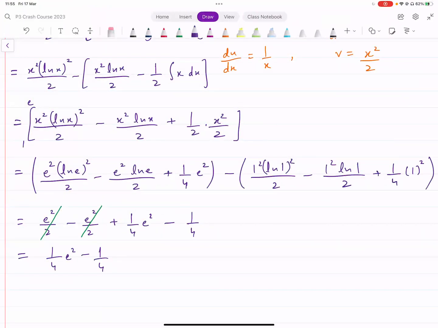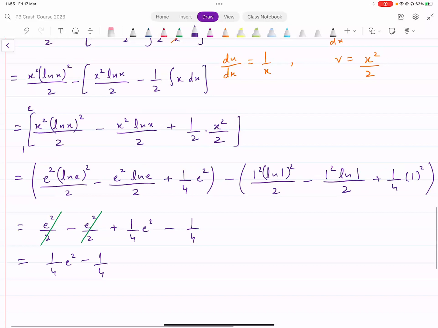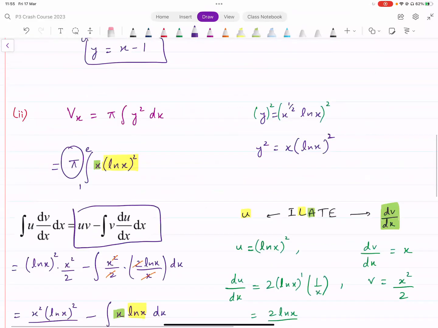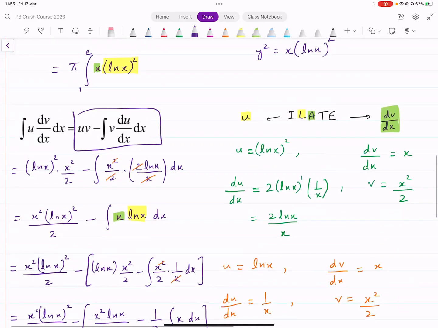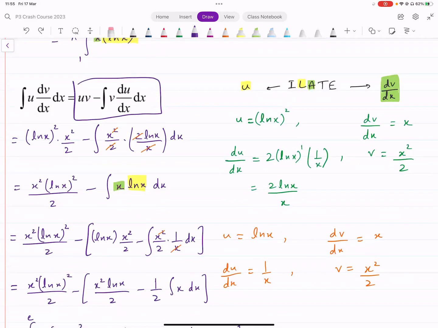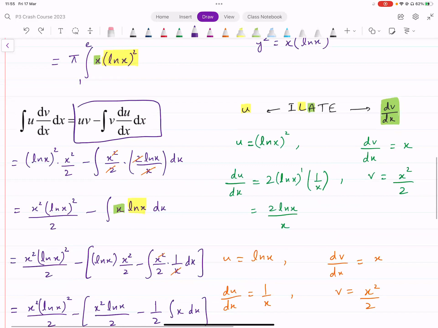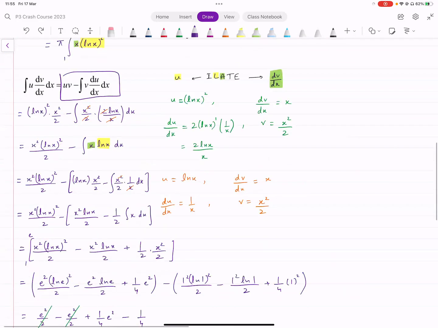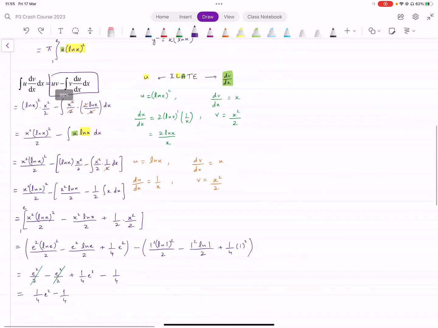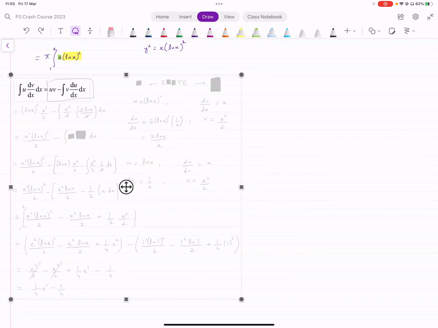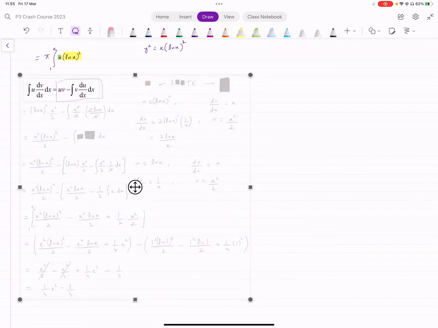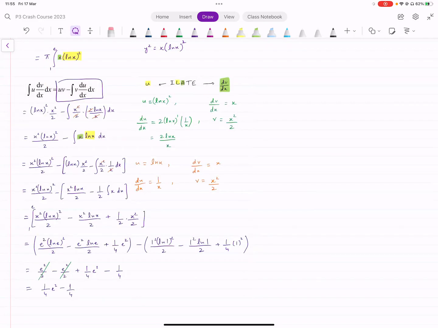But remember, we are missing one thing, and that's pi. We also had a pi outside. Let's actually write that down here. You could just write it in the very last step as well, as long as you make sure that you remember that. Or you could just write that with all of these terms as well, so you don't forget it at the end. Even if you write it at the end, that's also acceptable.